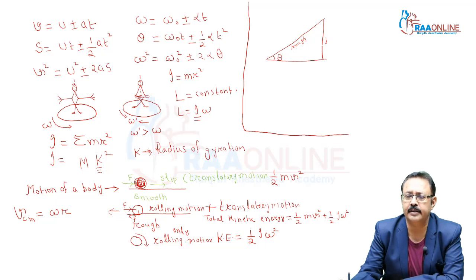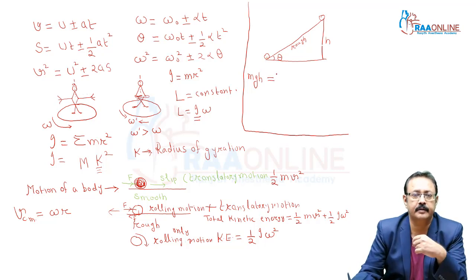If this height is h, it means at this point your object has potential energy mgh. When it will be rolled down and at this position mgh disappears.